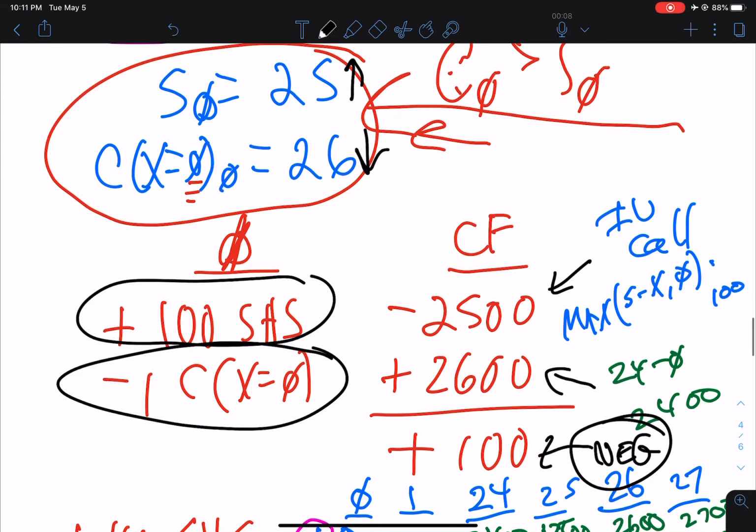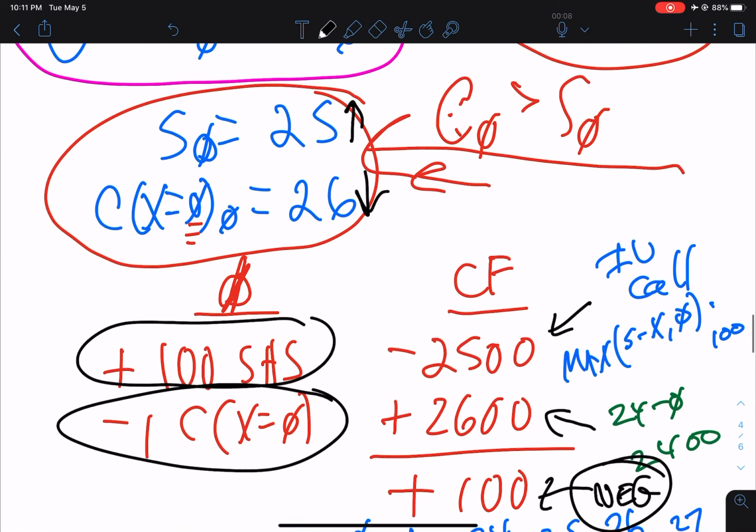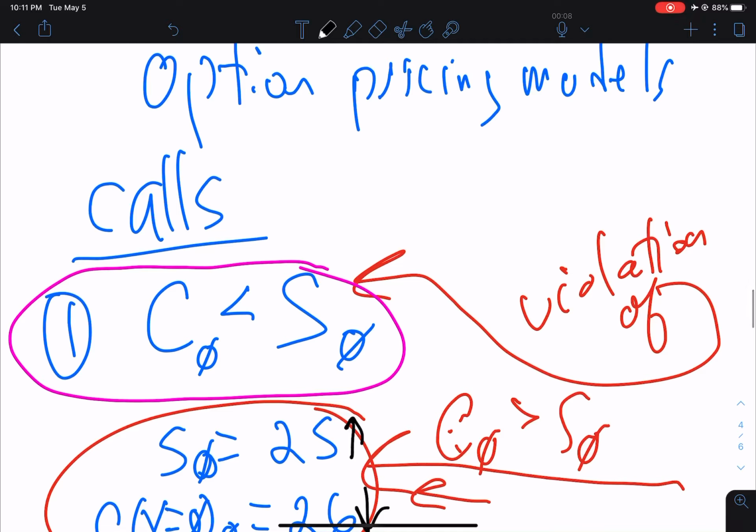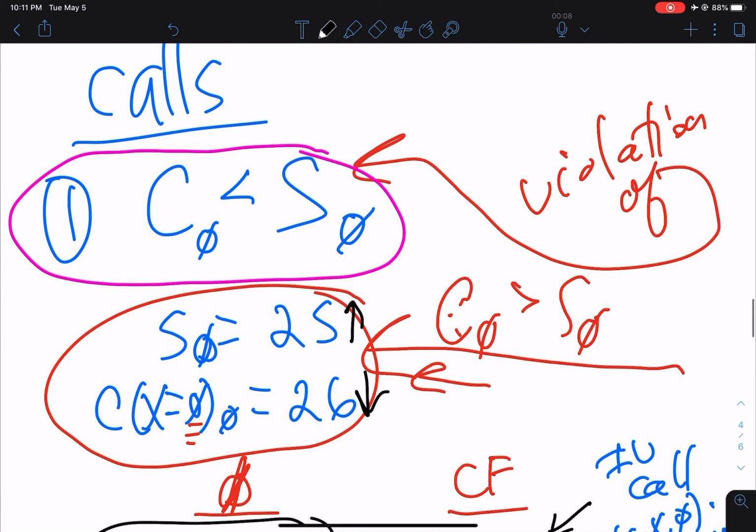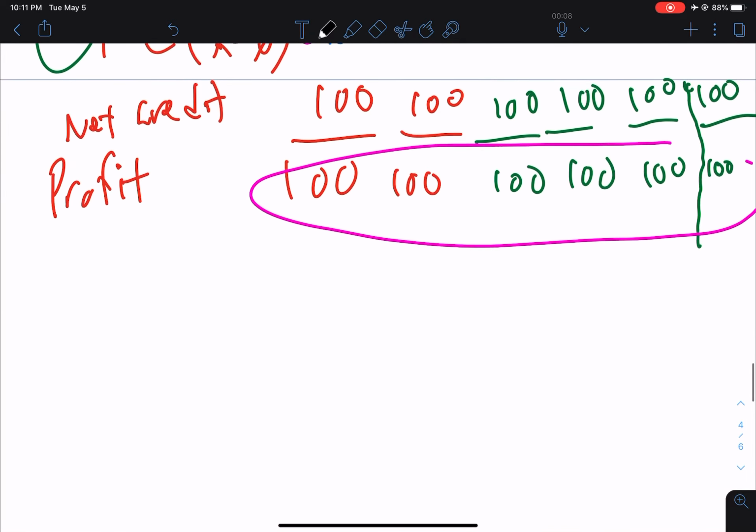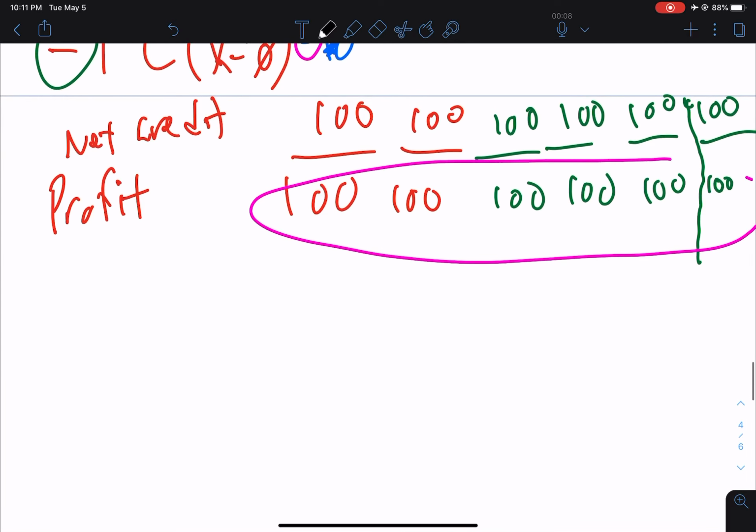And that's very interesting. So here what we've shown is that in equilibrium, call price has to be less than stock price. This is the most extreme statement for calls. Well, let's make the most extreme statement that we can possibly make for puts.